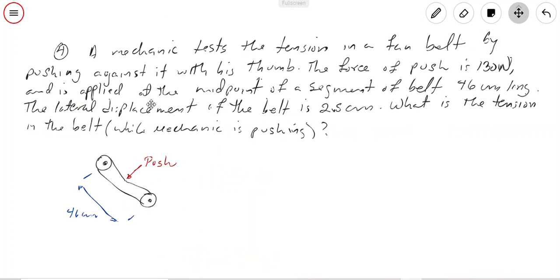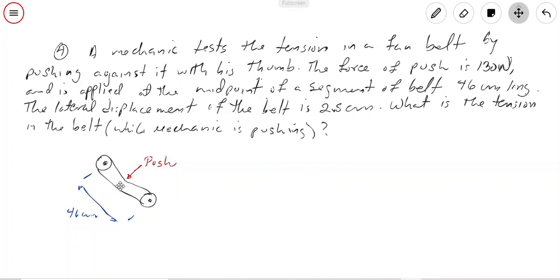The next problem is one where a mechanic is testing the tension in the fan belt by pushing against it with his thumb. The force of the push is 130 newtons. It's the force we are representing here in red. It's applied at the midpoint of a segment of belt that is 46 centimeters long.